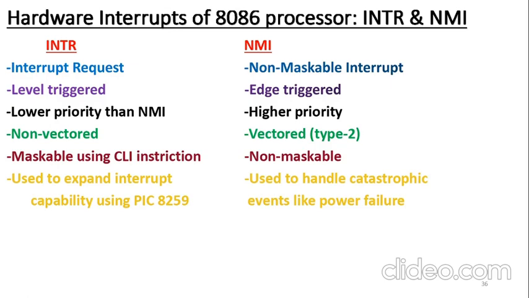Now it is very interesting to know one practical use of the NMI pin in an 8086 processor based design. In an 8086 microprocessor based design, NMI can be used to handle a power failure situation.